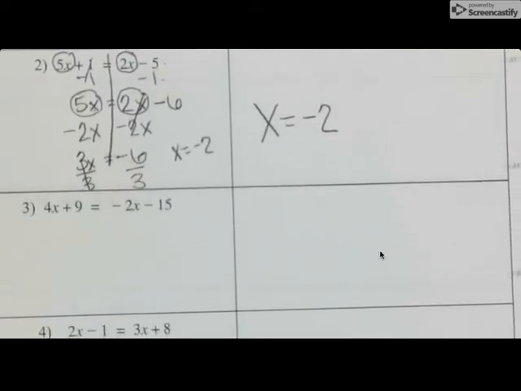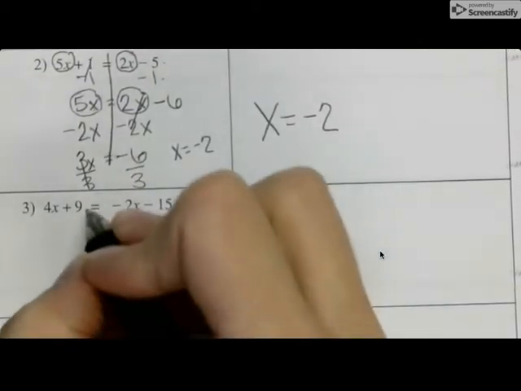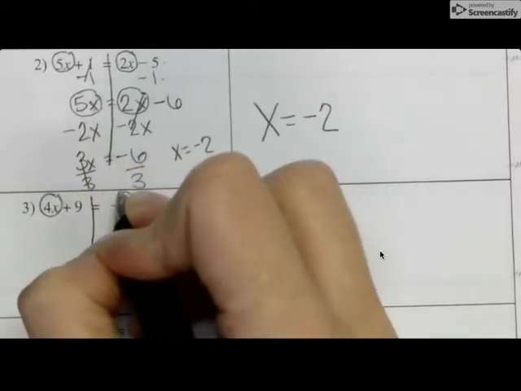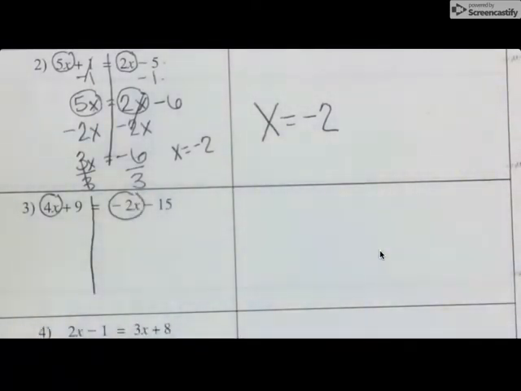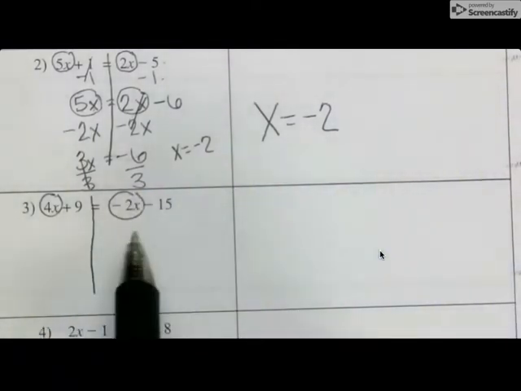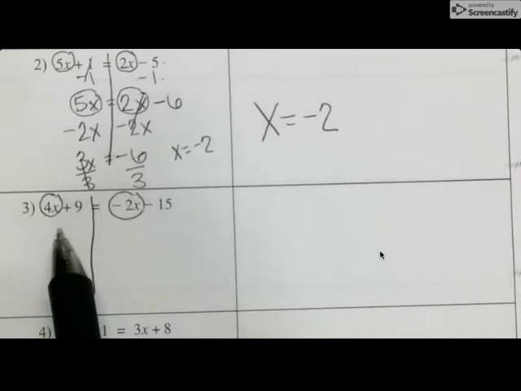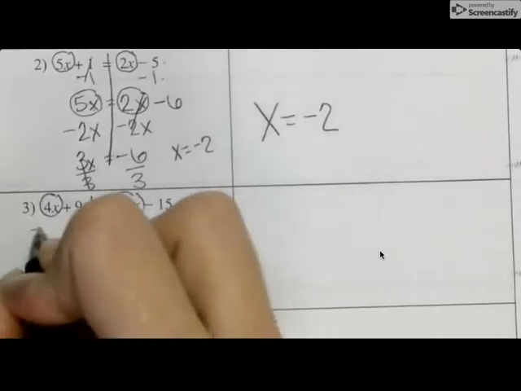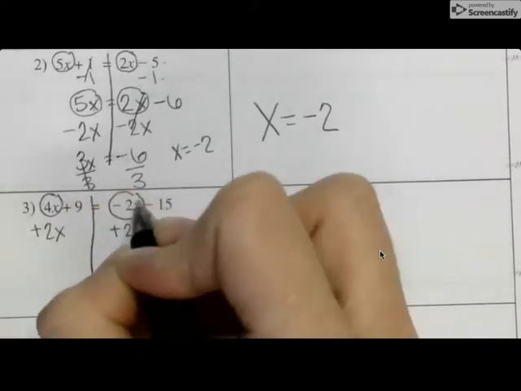Okay, feeling a little bit more comfortable with it, I hope. Draw my barrier. We're gonna switch it up a little bit. For those who want to move the letters first, that's perfectly fine. So in this case, I'm going to move the letters first.